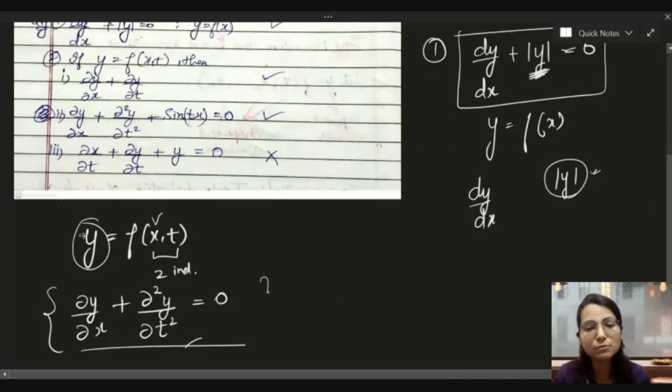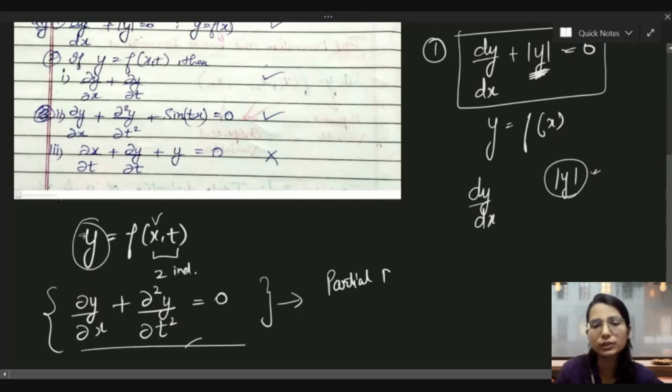So this is not an ordinary differential equation, because as I told you, ordinary differential equations contain only total derivatives. In this case, this is a partial differential equation. This is a differential equation, but it is a partial differential equation.